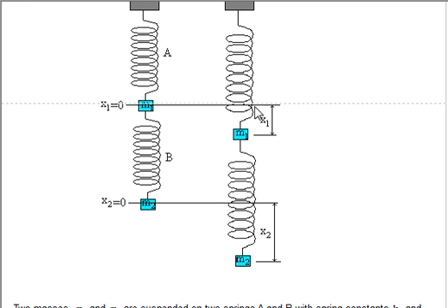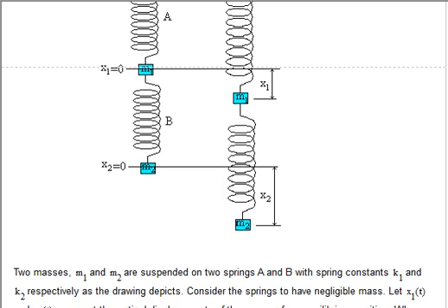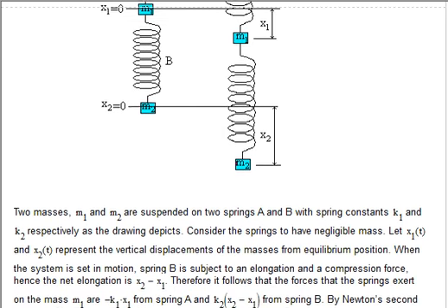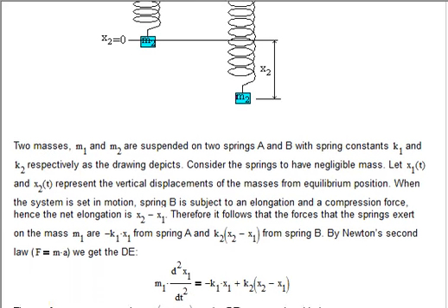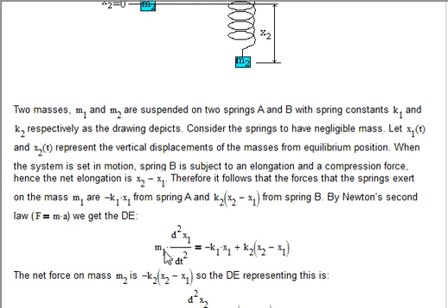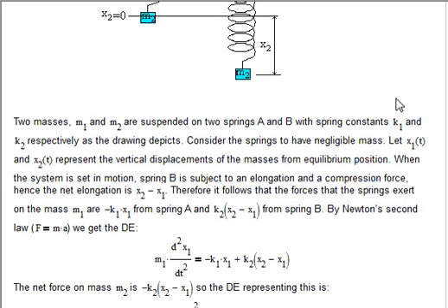So x1 is the distance that's pulled down before it boings, and x2 maybe would be that distance. Actually, that's not true. x1 would be the position of that weight m1, and x2 the position of the weight m2, keeping in mind downward is probably positive. So if that's the case, by Newton's second law, we get the second derivative.